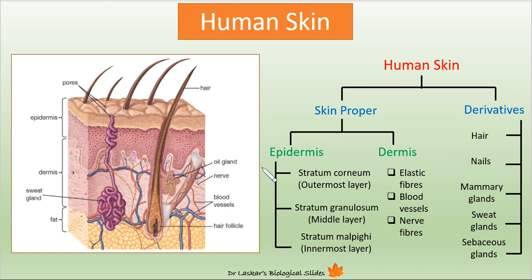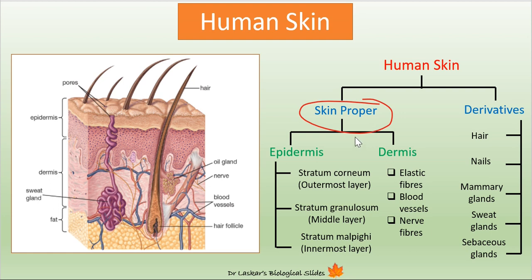Initially we can divide the human skin into two broad types. One is called skin proper and another is known as derivatives, that means derivatives of the skin. Now the skin proper is further divided into two main layers.